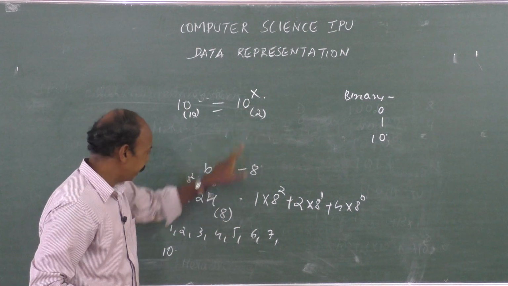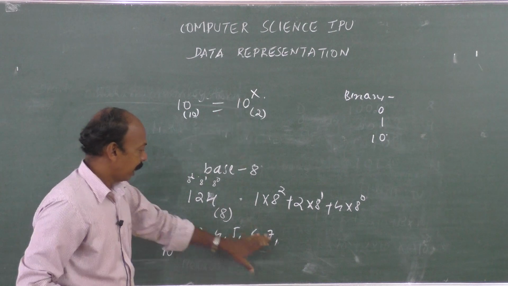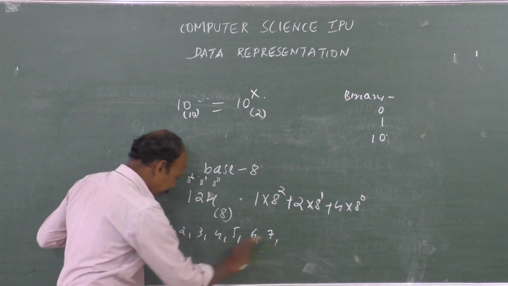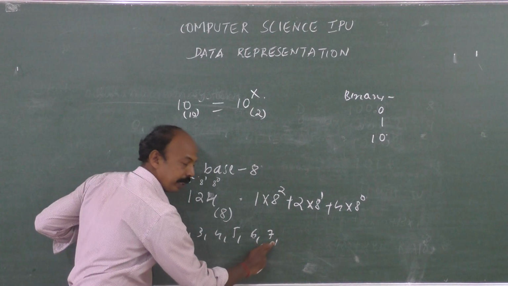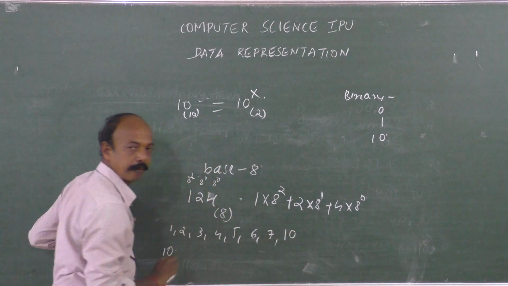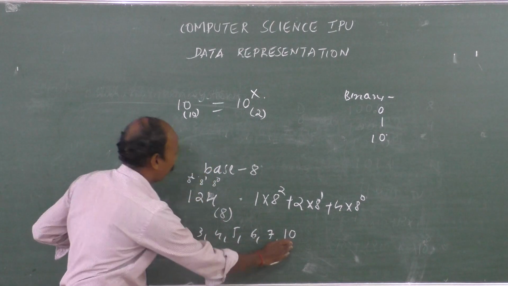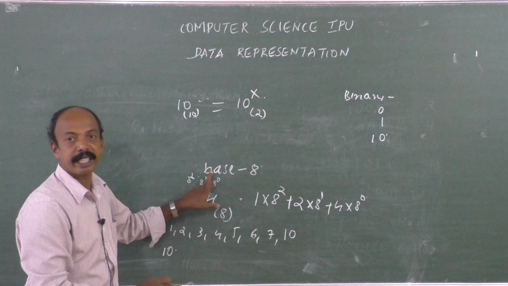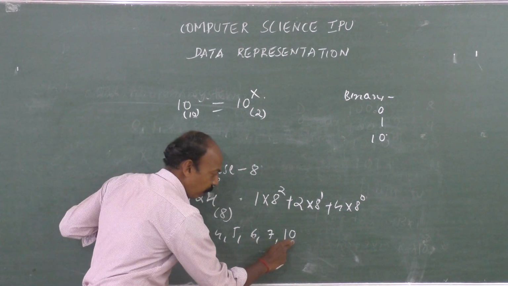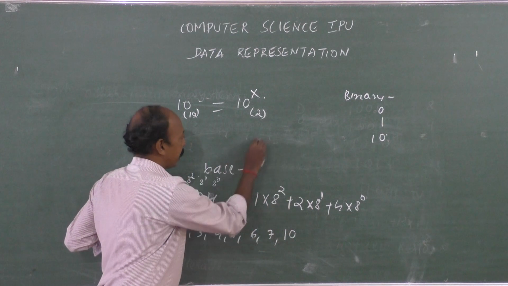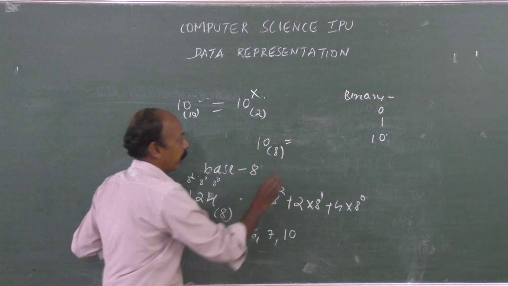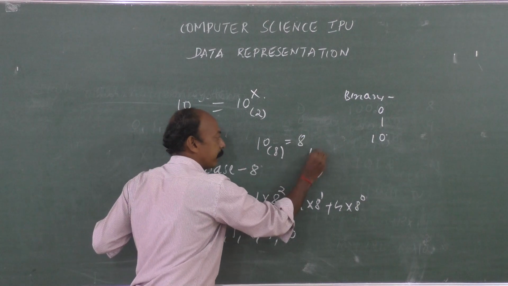Similarly, the reason to quote this is that in the octal number system, after writing 7, again we will write 1 0. After 7, we don't have 8 and 9, we will write 1 0. But 1 0 of the octal number system is not equivalent to 10 of the decimal number system. 1 0 of the octal number system is equal to 8 in the decimal number system.